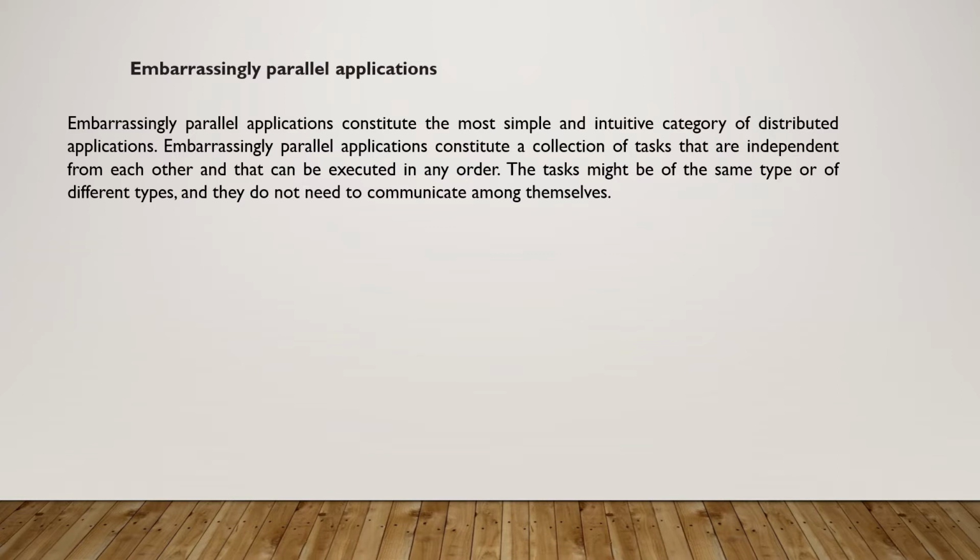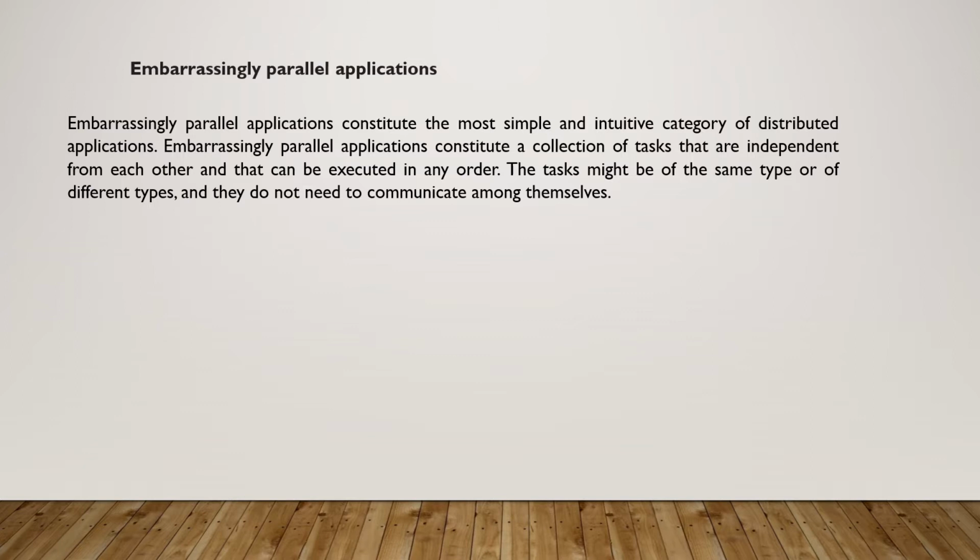The tasks might be of the same type or of different types, and they do not need to communicate among themselves. This category of application is supported by the majority of the frameworks for distributed computing.